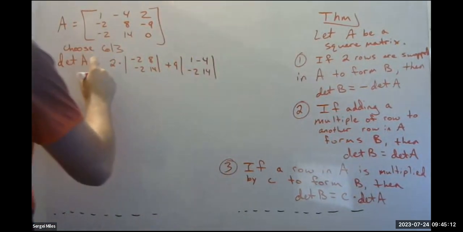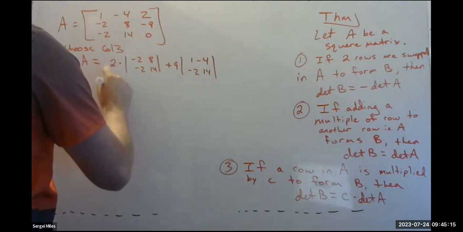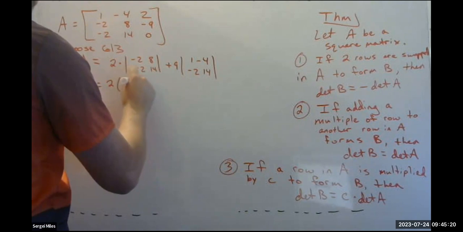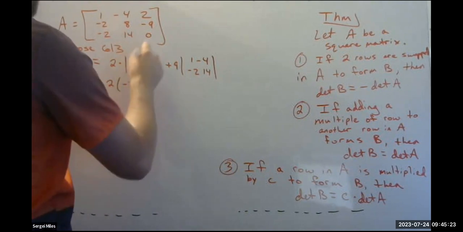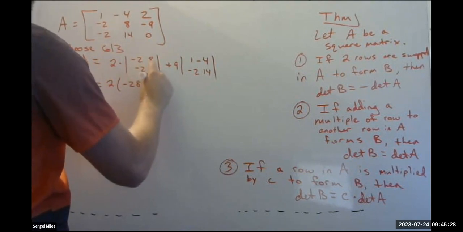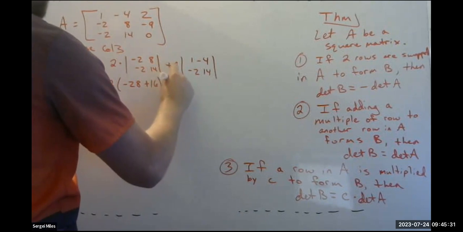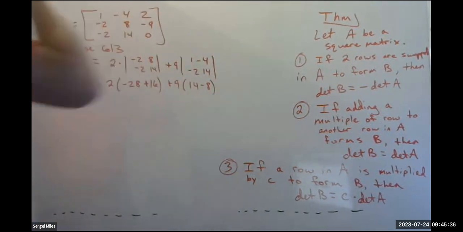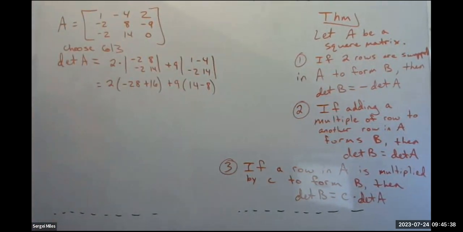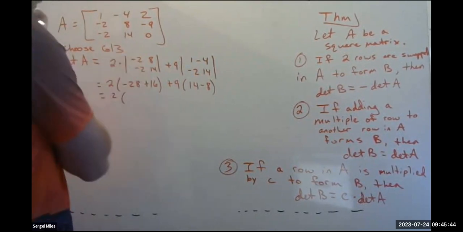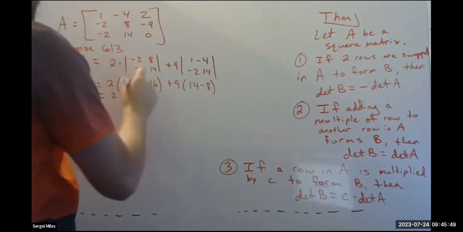All right, so what do we get for our answer? We're going to have 2 times negative 2 times 14 is negative 28. Minus negative 2 times 8 is going to be a negative 16, but a double negative. So plus 16, plus 9 times 14 minus 8. Right? So we have 2 times negative 28 plus 16. What is that? Negative 12.